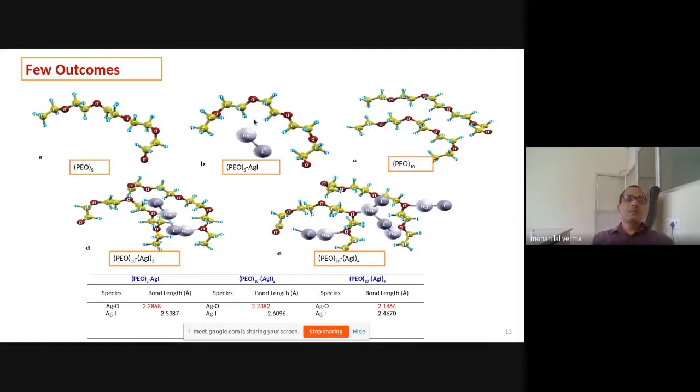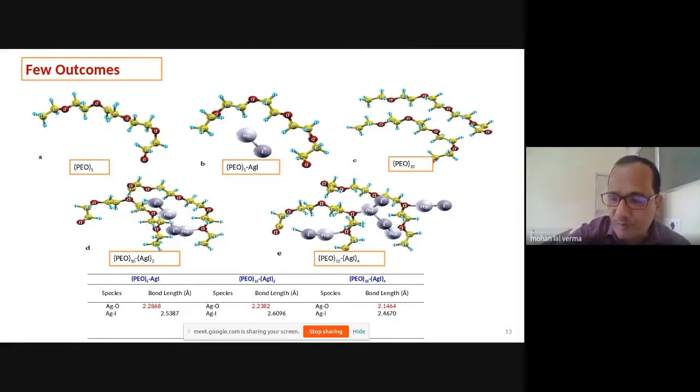So this is some output after optimization of the system. We actually have limited computational facility, and with the available facility we optimize just a PEO chain with 5 oxygen.